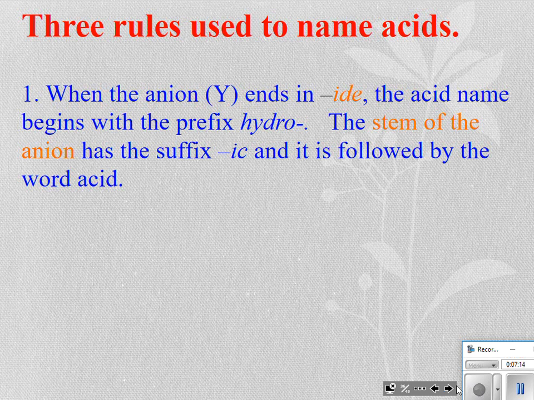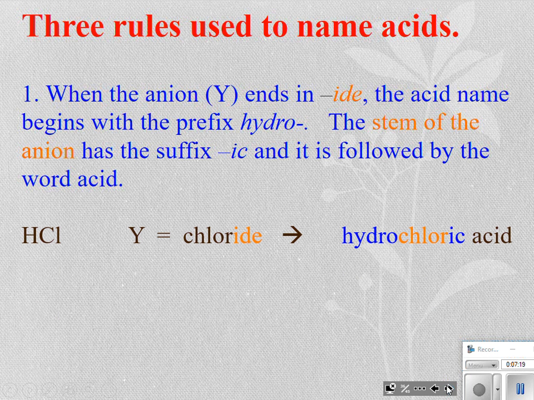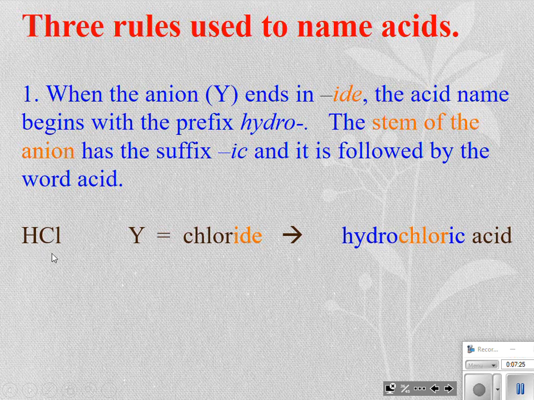So, if I look right here, we said HCl. I look at this and I identify this as an acid because it begins with H. So I am immediately thinking, okay, I need my 3 different acid rules. Well, what is Y? Y is chlorine, but as an anion, it is the chloride anion.